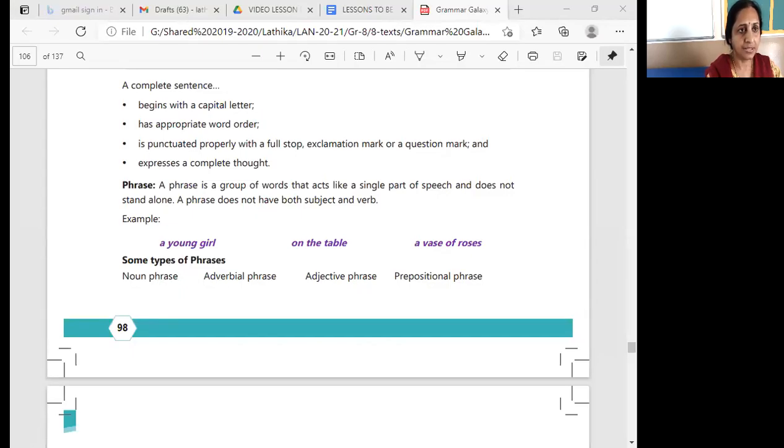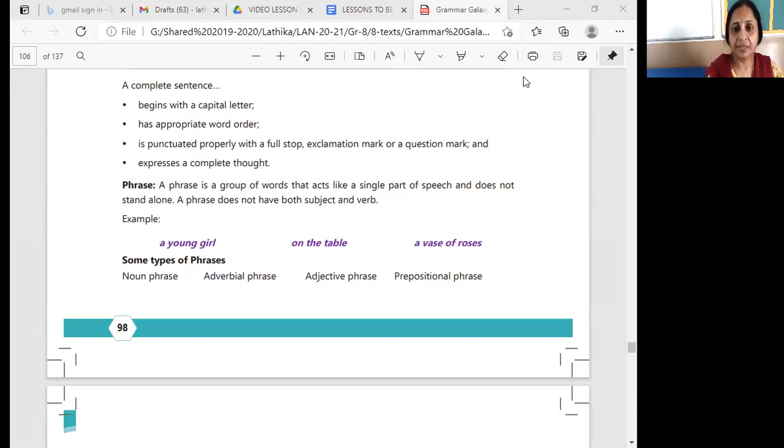You can see that, like I told you, the definition of a phrase is a group of words that act like a single part of speech. I told you these are only a group of words, but these words act as one of the parts of speech.